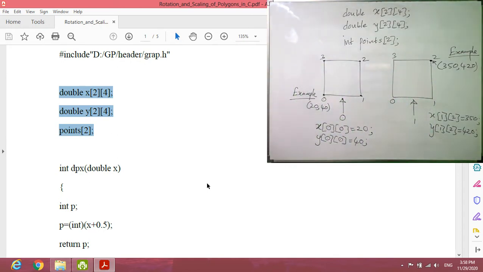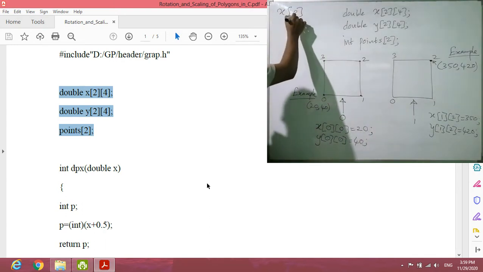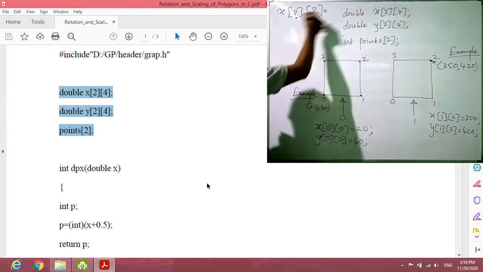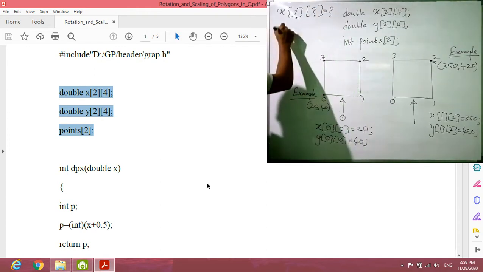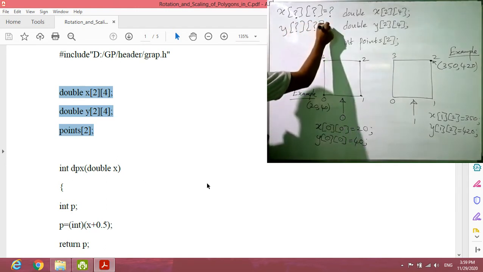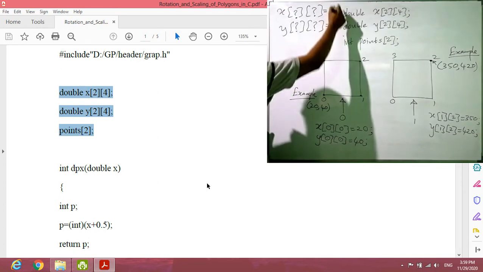If I summarize, I put some x value here, some y value here, and you put the coordinate value. It is something like this.